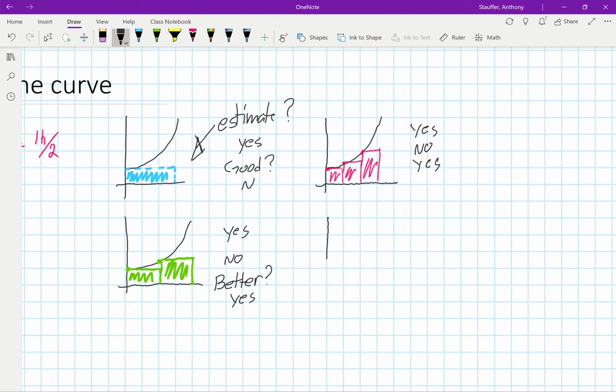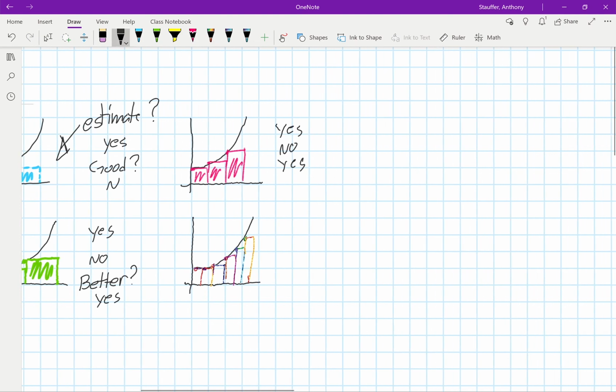And what we can continually do is draw more and more rectangles under this. As I continually draw more and more rectangles, I get better and better estimates. Right here, I'm going to draw a lot of rectangles under this. And as I draw more and more rectangles, you can sort of see that the missing space, that little missing space, gets less and less and less and less.